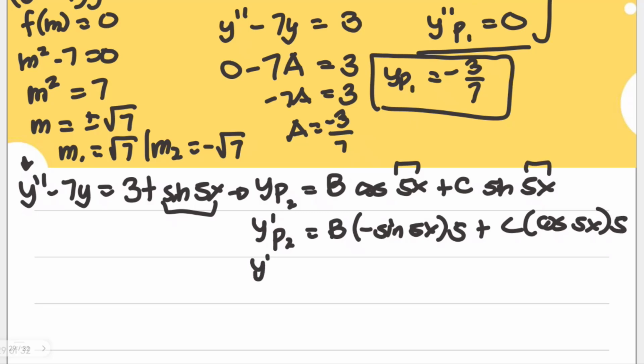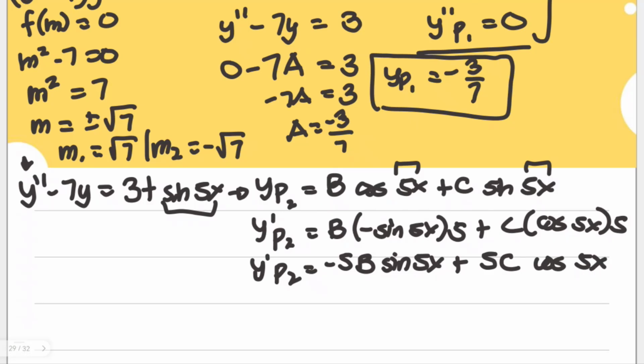So that gives negative 5b sine of 5x plus 5c cosine of 5x. We may not need this later because we don't have the first order here, but we need this to come up with our second order.